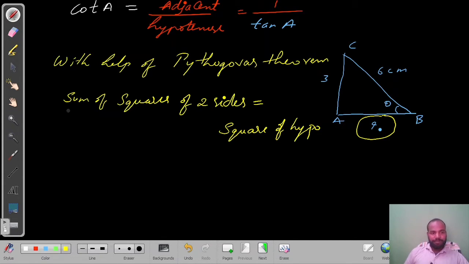What I told you here: the sum of the squares of two sides is equal to hypotenuse square. So what is the hypotenuse here?